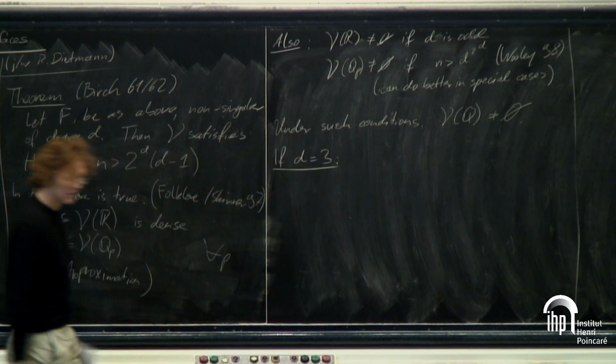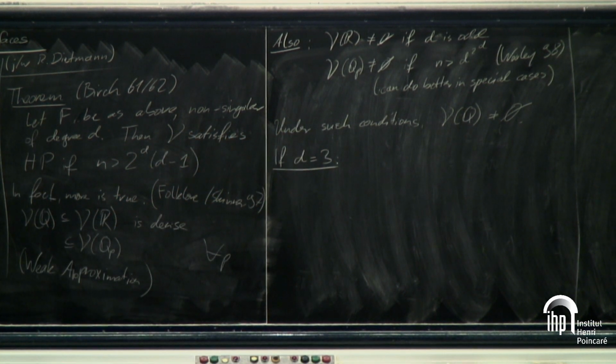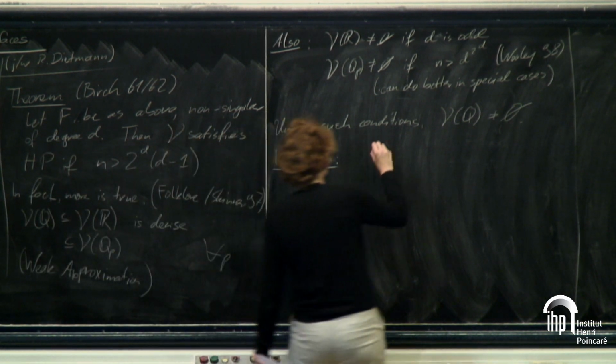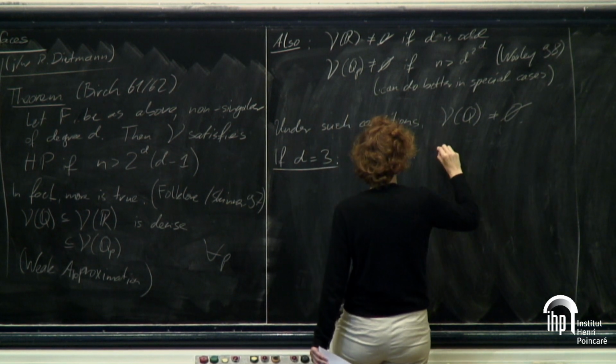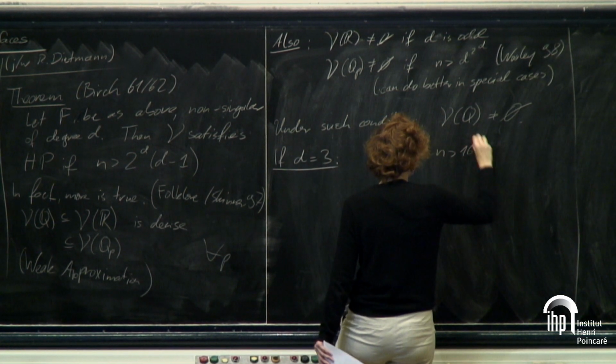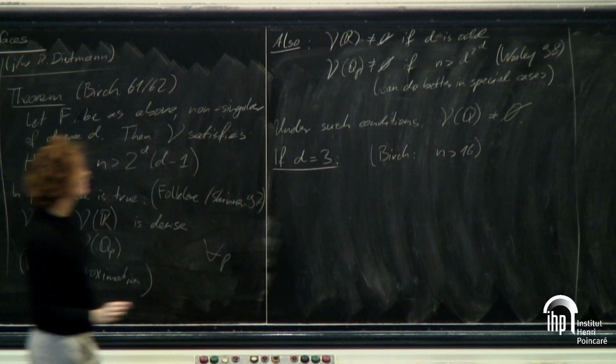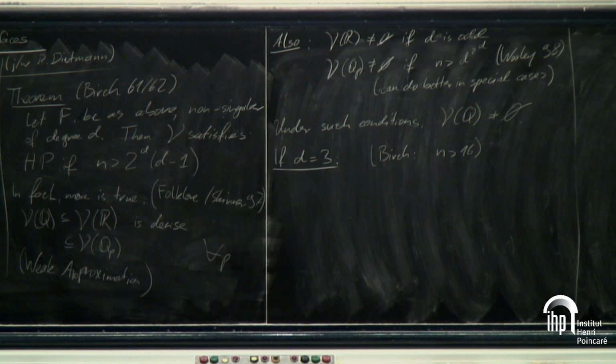For cubic forms, we know quite a bit more. Birch required 16 or 17, strictly speaking.